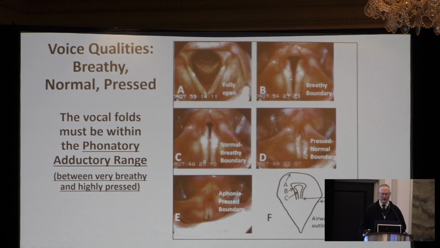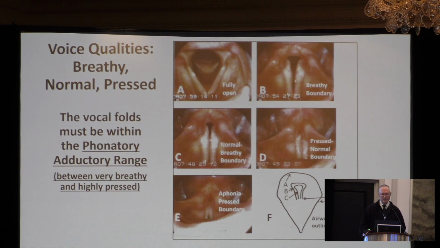Then as you adduct the arytenoids, the vocal folds get closer. Notice that you adduct the arytenoids to move the vocal fold. Vocal folds only go where the arytenoids tell them. It's really important. Paradoxical vocal fold motion is paradoxical arytenoid motion.